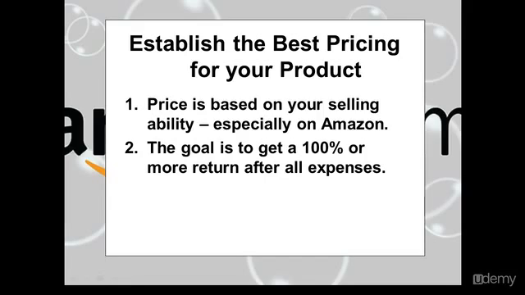For instance, I could buy a 10-cent cupcake liner, 12 of them, sell them for $10, and I have about 1,000% return almost, right? But still, I'm probably going to make only about $5.